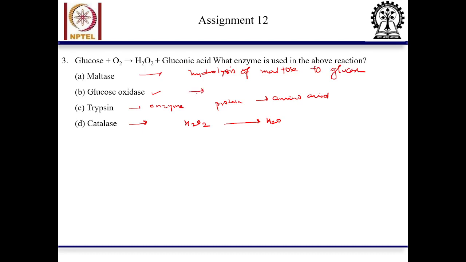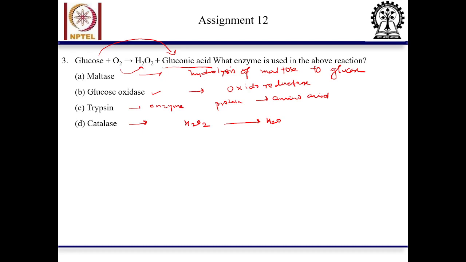Basically, the first important thing is that this is an oxidoreductase, meaning oxidation and reduction will happen. So what happens? Your glucose will oxidize to gluconic acid, and your oxygen will be reduced to H2O2. So this will catalyze glucose to gluconic acid, and oxygen will go to H2O2.